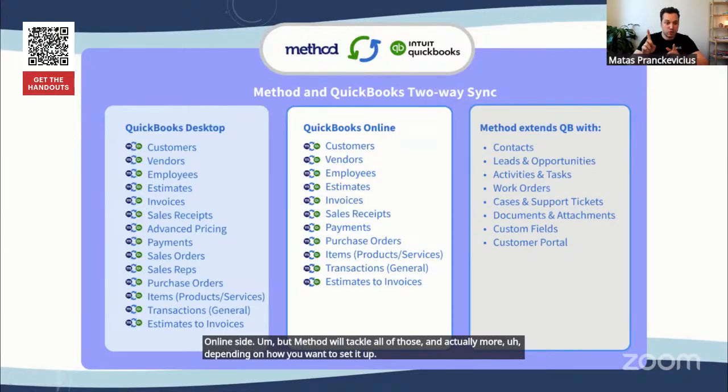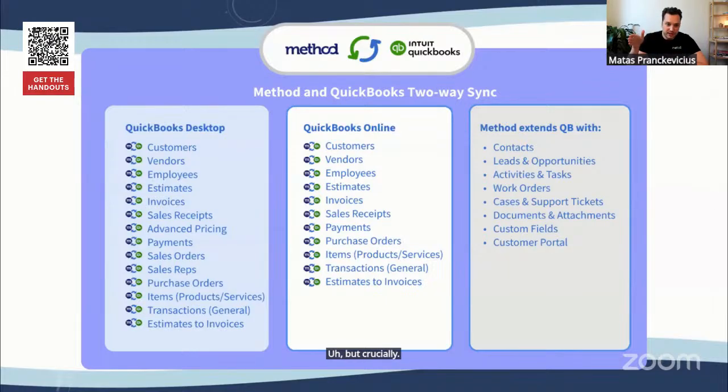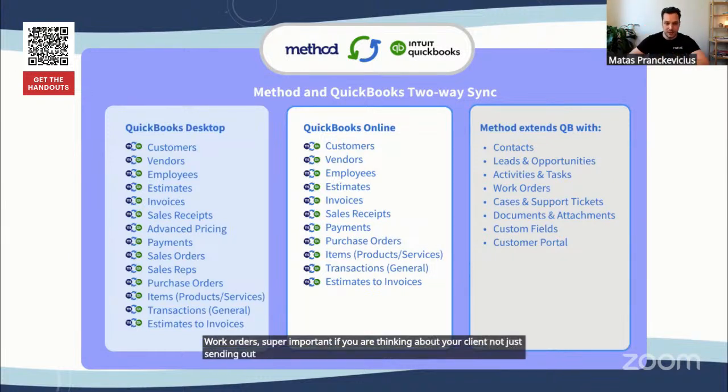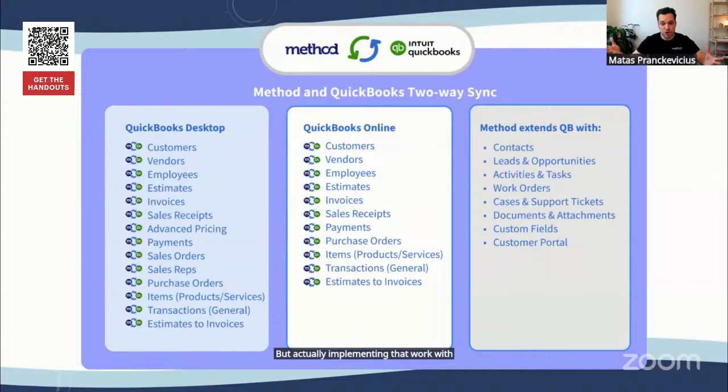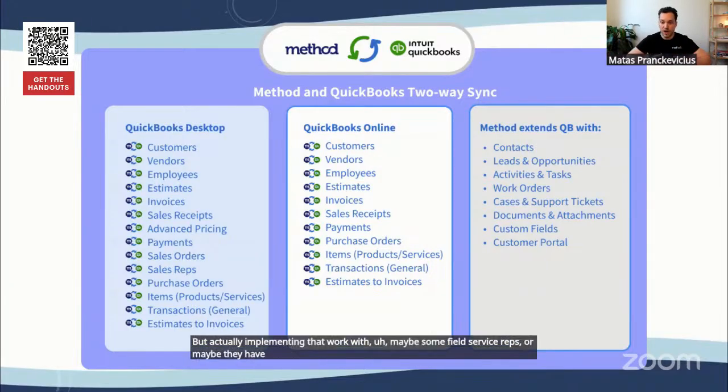But crucially, if you look on the rightmost side here, it actually extends the functionality of QuickBooks with contacts, leads and opportunities, activities and tasks, work orders. Super important if you are thinking about your client not just sending out estimates and getting invoices back and payments, but actually implementing that work with maybe some field service reps, or maybe they have a complex workflow, and you want all of that work to be accurately reflected back into whatever is happening in QuickBooks.